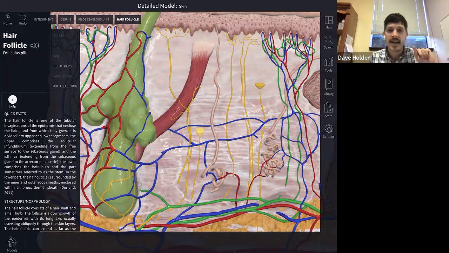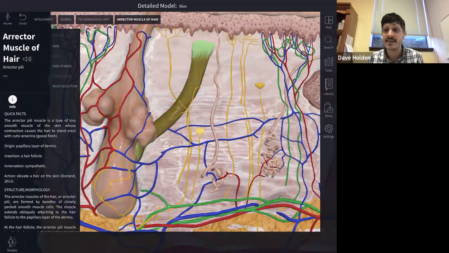You'll also notice that attached to the hair follicle is a tiny little muscle. These guys are just a couple of millimeters long. They are tiny. These are called arrector pili muscle. Arrector starts with an A, not an E. Arrector pili. Here you are seeing the muscle in its relaxed state.